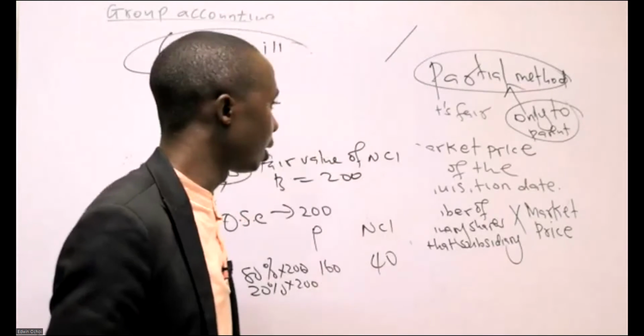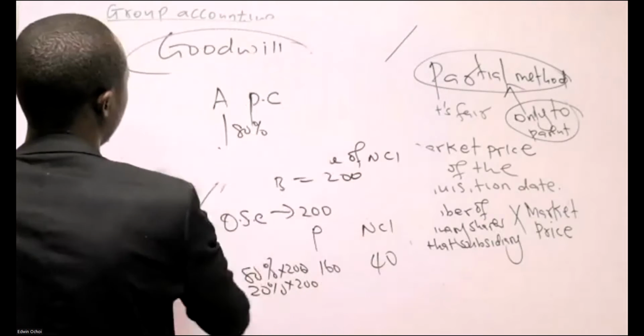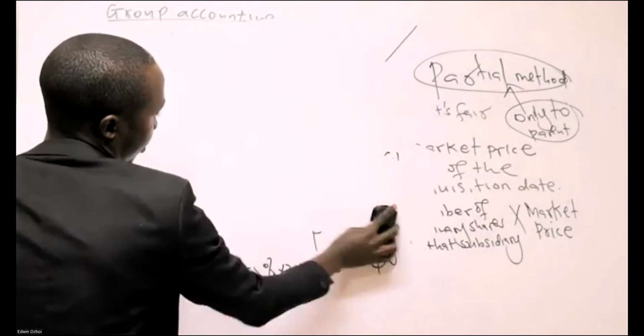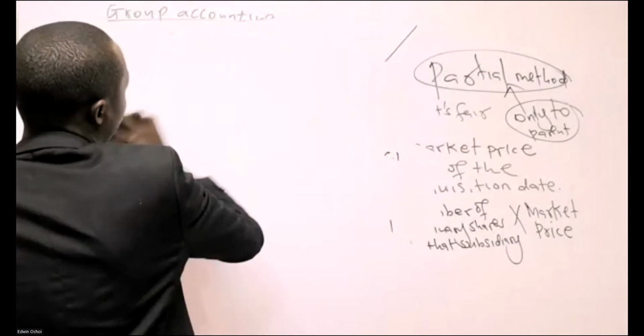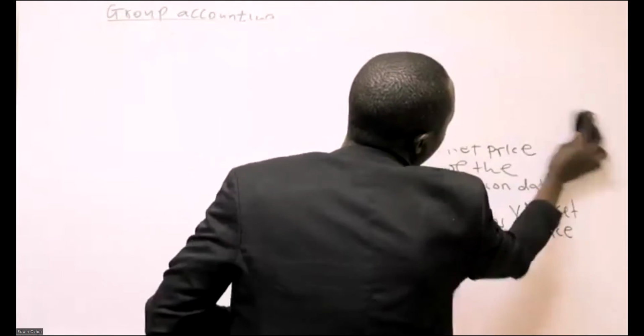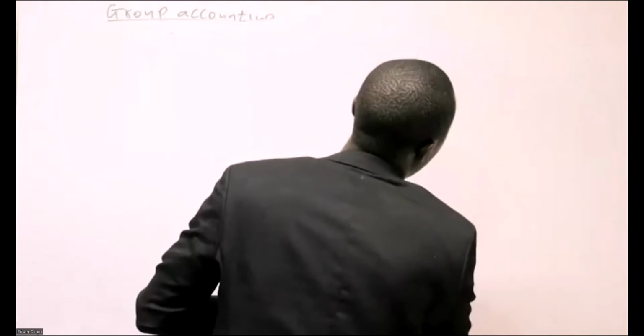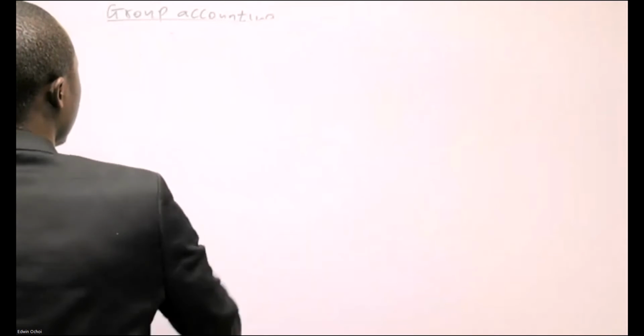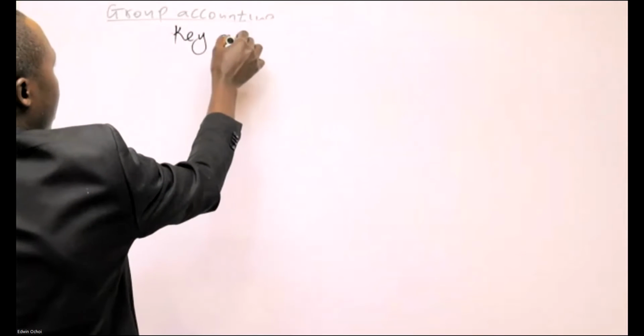So which are the key adjustments done in group accounting, my good people?